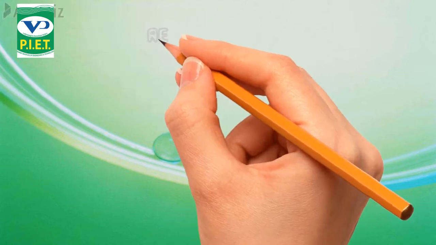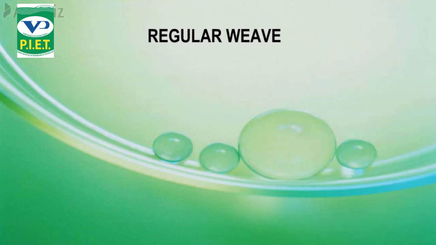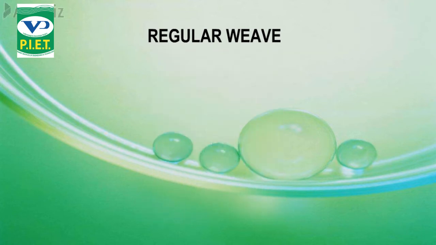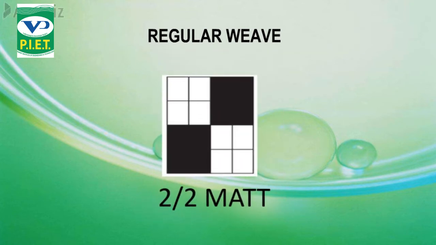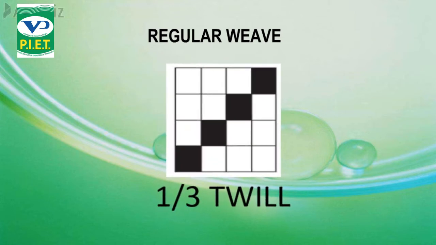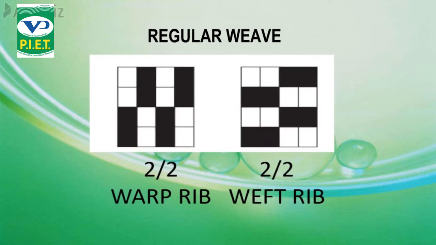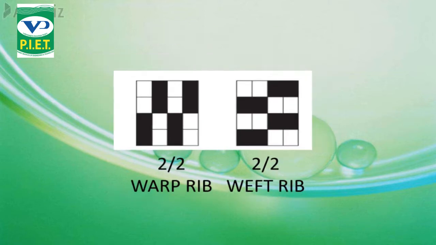Some examples of such type of weaves are plain weave, 2x2 mat weave, 1x3 twill weaves, 1x4 satin, 2x2 warp rib and weft rib, etc.